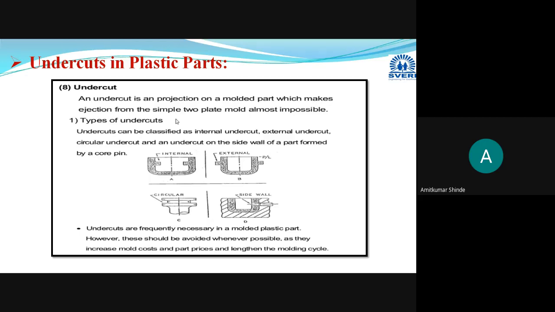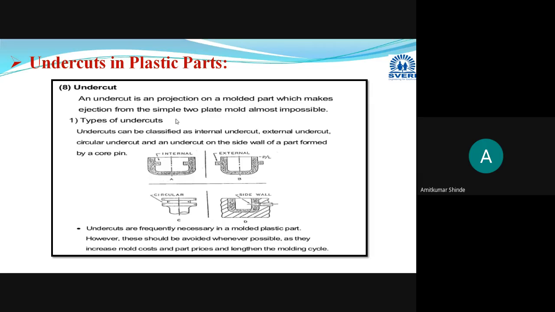So this is the effect of the undercut. It increases the cost of the mold, and it increases the cycle time of the process, hence increasing the cost of the molded part. That's why these different kinds of undercuts should be avoided.